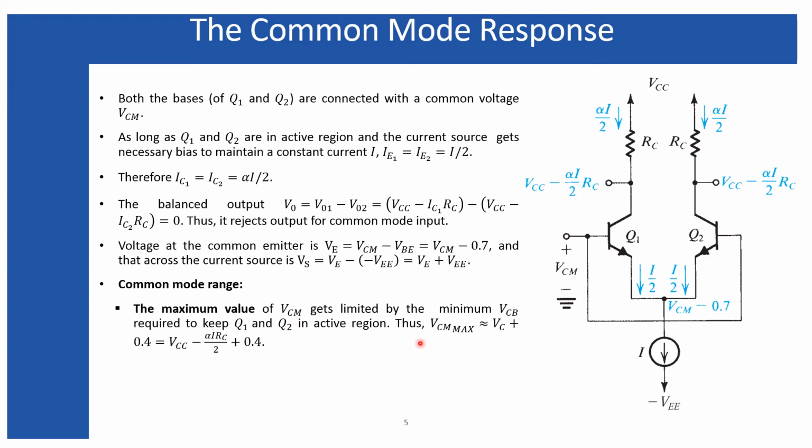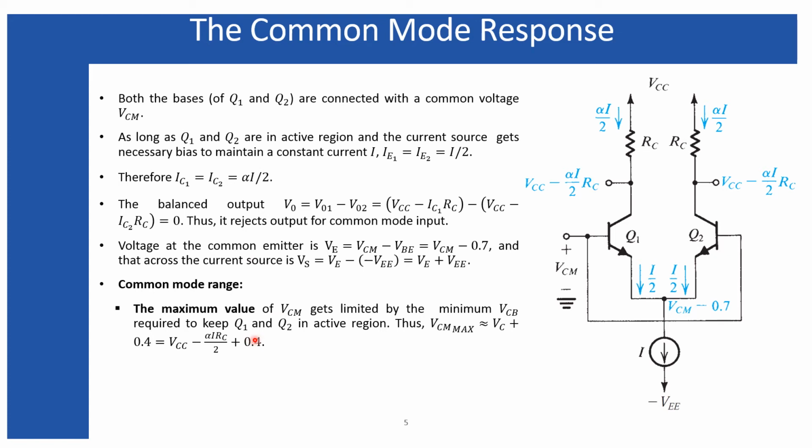Therefore, the maximum voltage at this terminal will be equal to the output voltage plus some additional voltage. When the input voltage equals the maximum available voltage, the collector to base voltage will be equal to 0, and if you add some additional voltage, as I have shown here 0.4 volt, that will make this collector to base junction negative, and a negative collector to base voltage means the junction is forward biased.